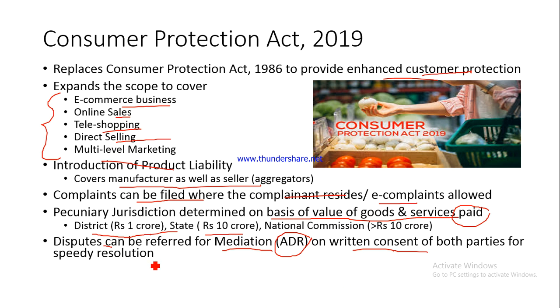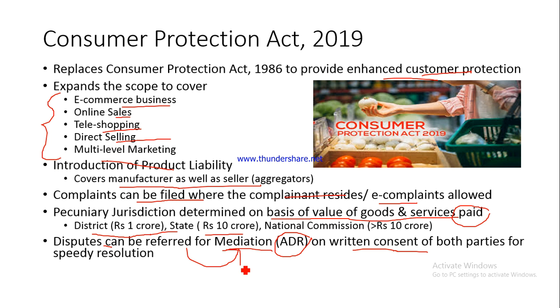And why is this being done? So that the resolution can be speedier, because you know that already in consumer forums the limit which has been prescribed for the disposal of complaints is 90 days, and at times it goes beyond that because of various procedural delays. Naturally both the parties would want a speedier resolution, and for that the forum will be referring the dispute for mediation by a mediator, but this will only be done when both the parties agree on this particular point.